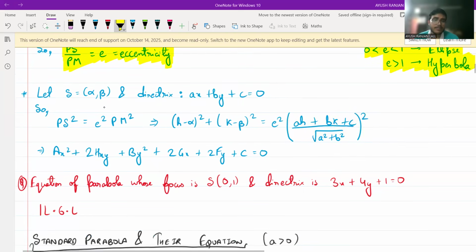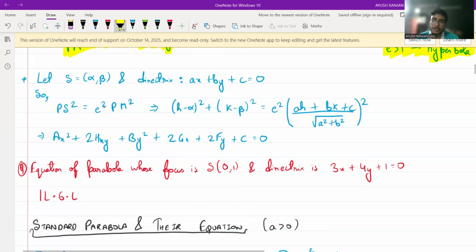You will get a form ax square plus 2hxy plus by square plus 2gx plus 2fy plus c equals 0. That will be the equation of the parabola. Remember that the eccentricity of a parabola is equal to 1, so just put it as 1 and form the equation.